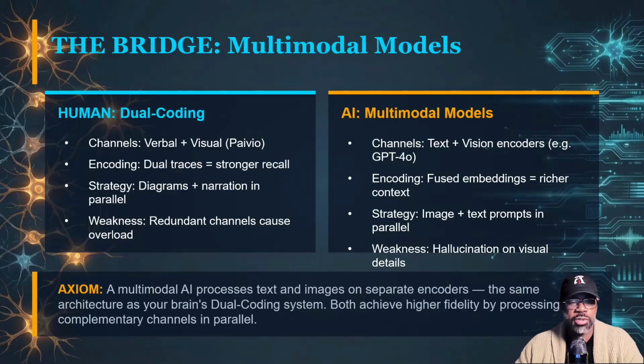Now, the bridge here to our AI, let's look at the bridge in the comparison between the two. On the human side or biological side, we have the dual coding, but on the AI side, we have the multimodal models, right?